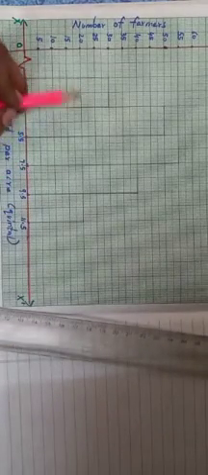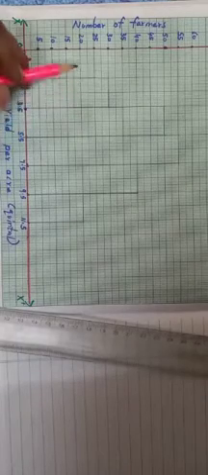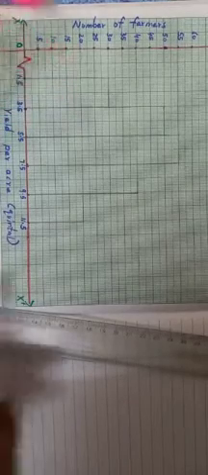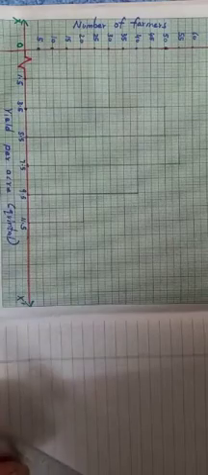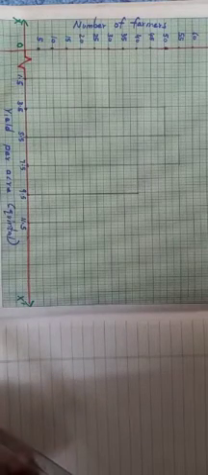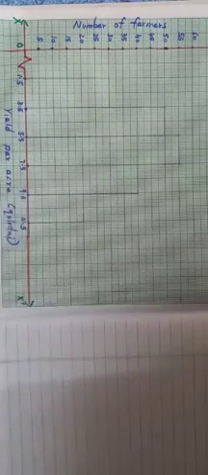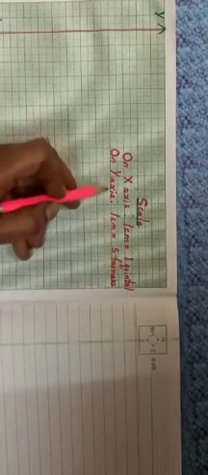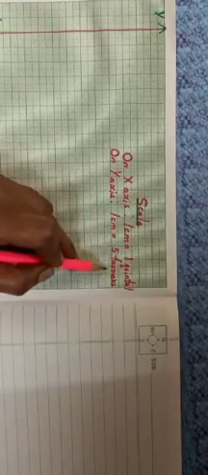Now we can decorate it by coloring it, or draw some lines, or put dots, whatever creativity you want. The scale part I have written here; I explained the scale part already. On the x-axis we have taken 1 centimeter as 1 quintal, and on the y-axis 1 centimeter is equal to 5 farmers.